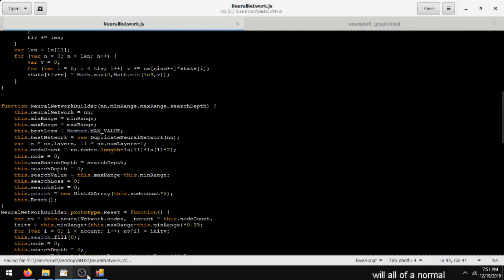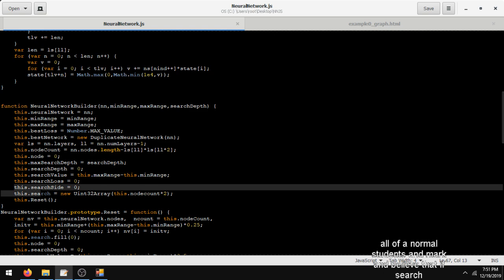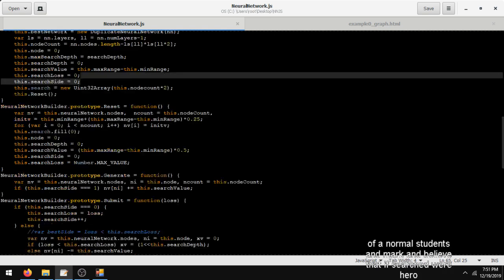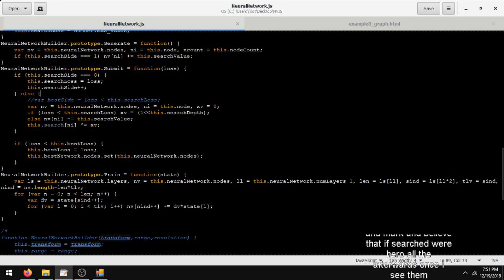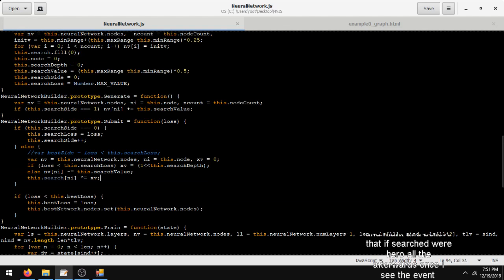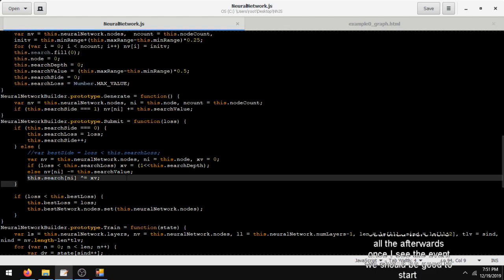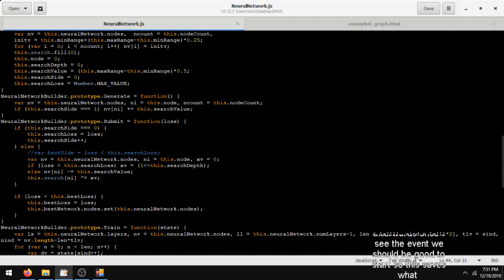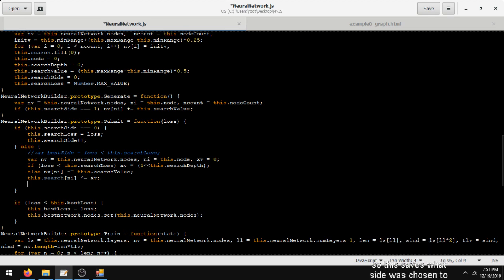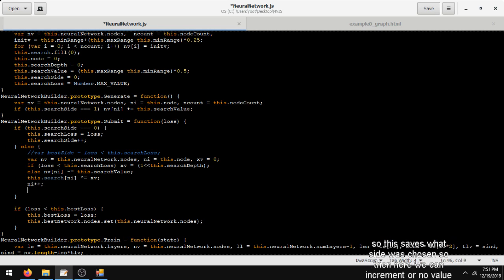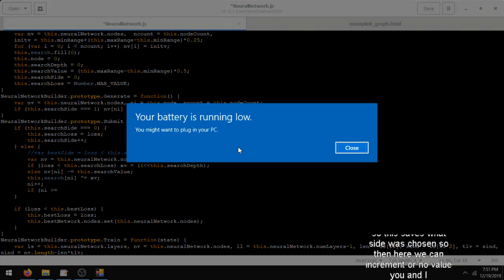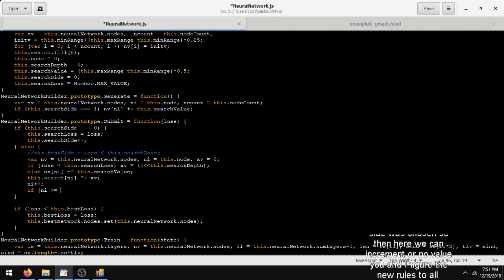I'm also going to need to mark that I've searched through here. I'll do that afterwards once I see that I need it. This should be good to start. So this saves what side was chosen. Then here we can increment our node value. If ni is bigger than or equal to, oh, classic. Let me plug that in.